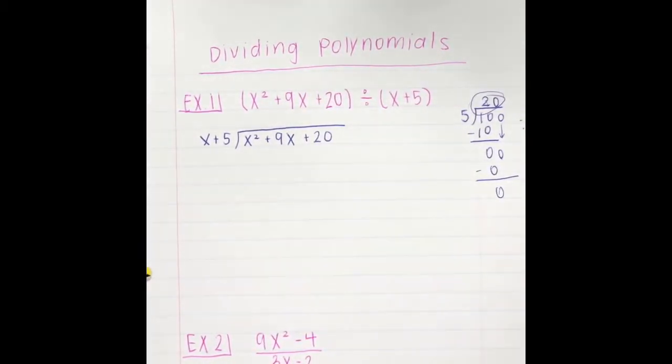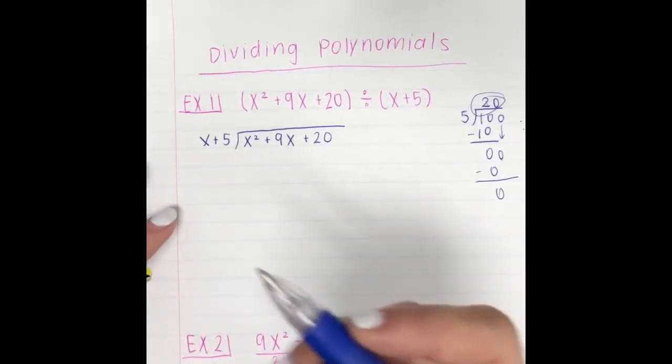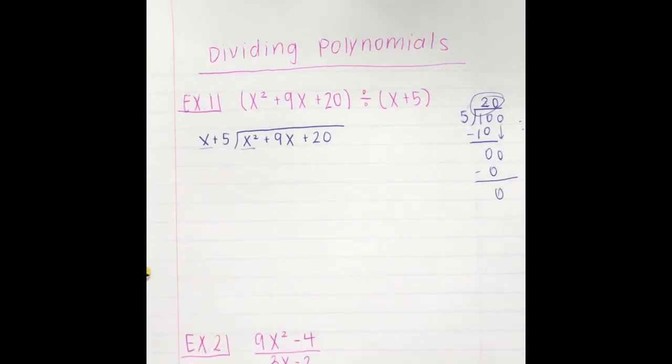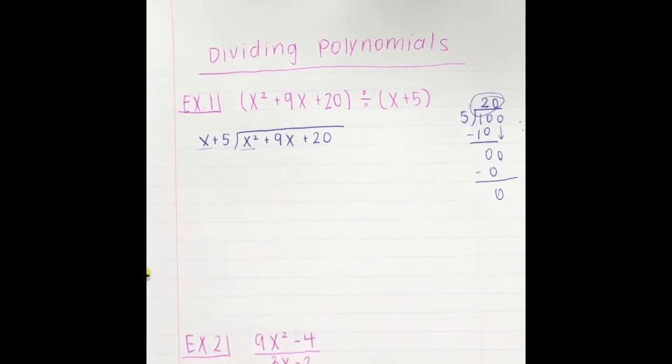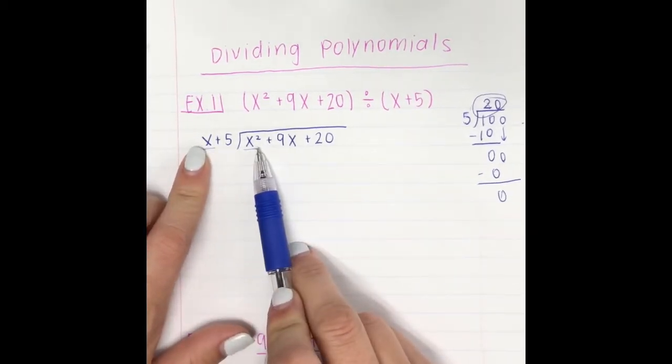So I've gotta figure out how many times this can go into this one. But what we're gonna do is we're just gonna care about the first term for both, okay? We only care about how many times can x go into x squared, okay? Or what do you have to multiply x by to make it x squared, okay?